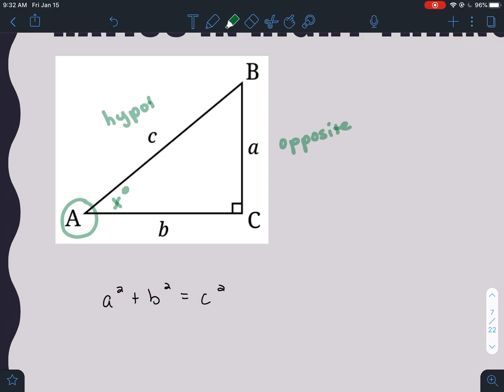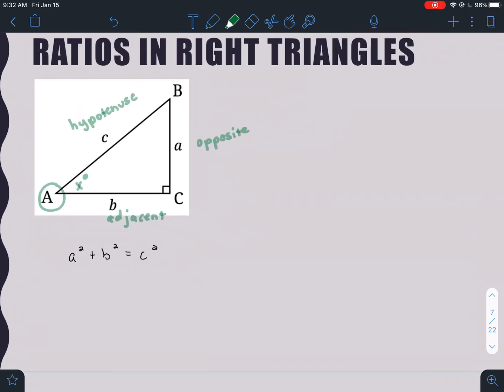We always call C the hypotenuse. So the side across from the 90-degree angle is always going to be called the hypotenuse. The other side that's also connected to angle A, but it's not the hypotenuse, we call that side the adjacent side. It's next to angle A, but it's not the hypotenuse.